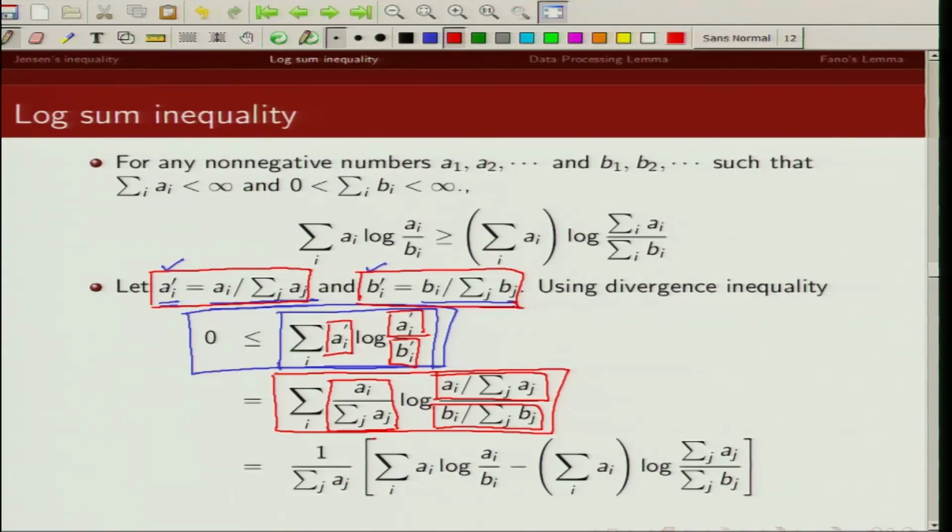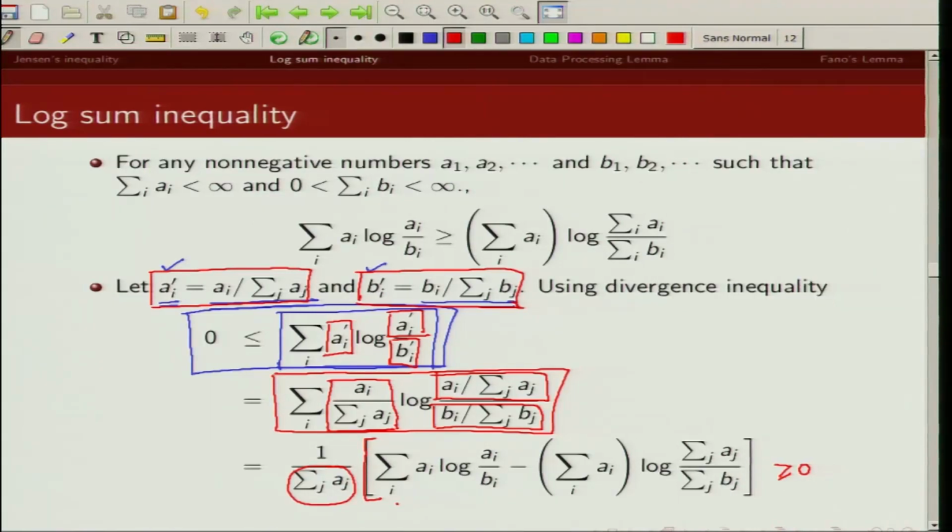So what I get here is summation of ai log ai by bi minus summation of ai log of summation of ais divided by summation of bis. Now I know this is greater than or equal to 0. Now this is sum of non-negative numbers. So that is a positive quantity.